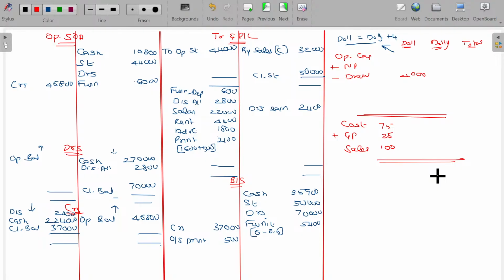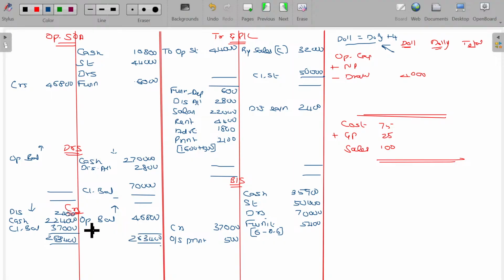Now you have to close the books one after one. By tallying the creditors, what is the balancing figure you get? Total being 2,63,400.